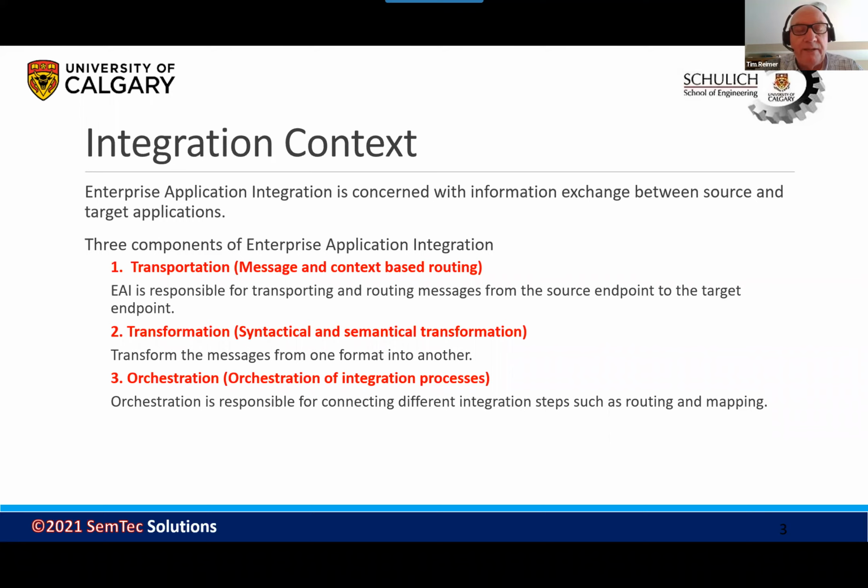The syntactical piece is when we take the structure of an incoming message, be it XML or CSV or JSON, and we transform it structurally into another format that the receiving or target application can consume and process. Semantical transformation is an area that is quite new. There's a lot of research being done in that space, and that's where we are focusing our efforts.